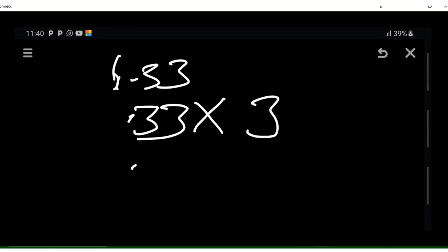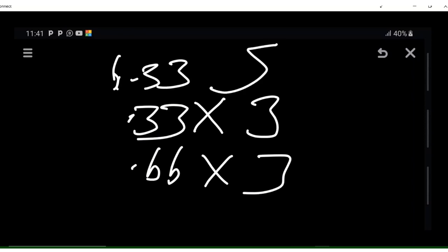Even if it's 0.66, multiply by 3. So for 3.33 and 0.66, you multiply by 3 to find the whole number, because we don't have an empirical formula with carbon having a subscript of 2.5. No, it's not right. So you multiply that 2.5 by 2, and you get a 5, right?